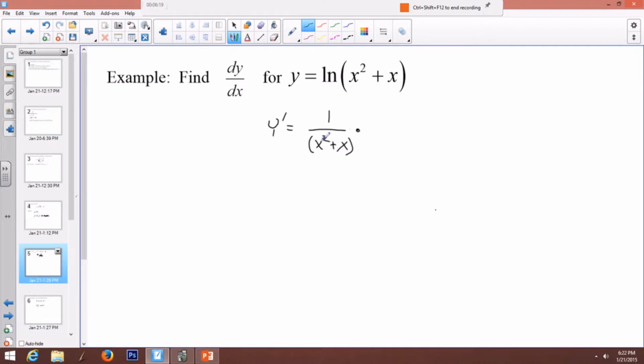So the derivative of this inside piece of the function is just going to be 2x plus 1, and then we get 2x plus 1 over x squared plus x as our final answer. So I was just skipping a step on that way, and if you see it, go ahead and do it that way.